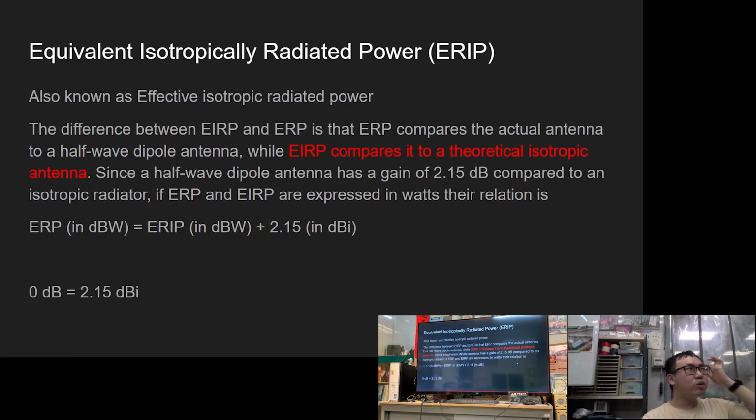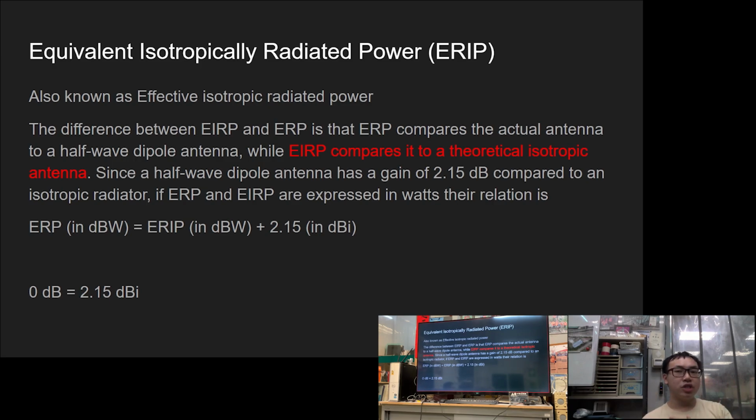For most of the antennas we are referring to a dipole antenna, which is two metals like a T shape. But in theory, what we are referring to is an isotropic antenna, which is like a donut shape. To compensate for the difference, we always say that 0 dB referring to a dipole antenna equals 2.15 dBi, which is the difference between the two kinds of antenna.